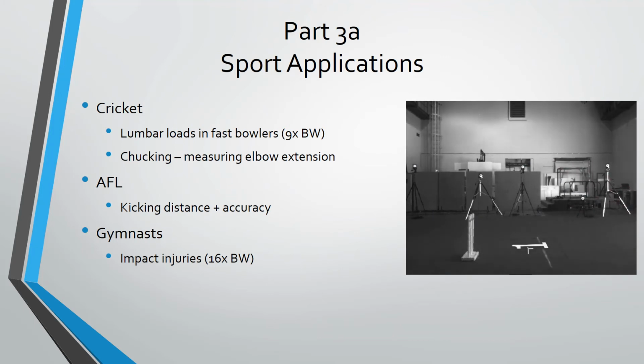So they're looking at techniques and technique modifications to reduce the instances of stress fractures. It can also be used to measure the elbow angle, and the chucking law or throwing controversy is a relatively hot topic in cricket at the moment.